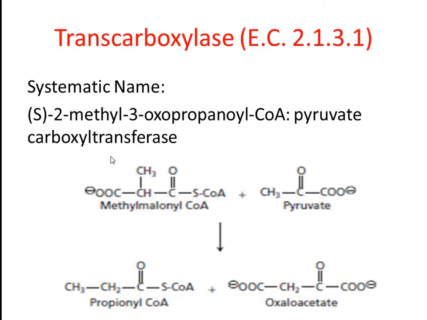So we will see the example of this transferase. As we have learned, the name of the enzyme can be written as transcarboxylase. For example, transcarboxylase, which can be indicated by EC number 2.1.3.1. Now in this case, the systematic name of this enzyme is S-2-methyl-3-oxopropanoyl coenzyme A:pyruvate carboxyltransferase.